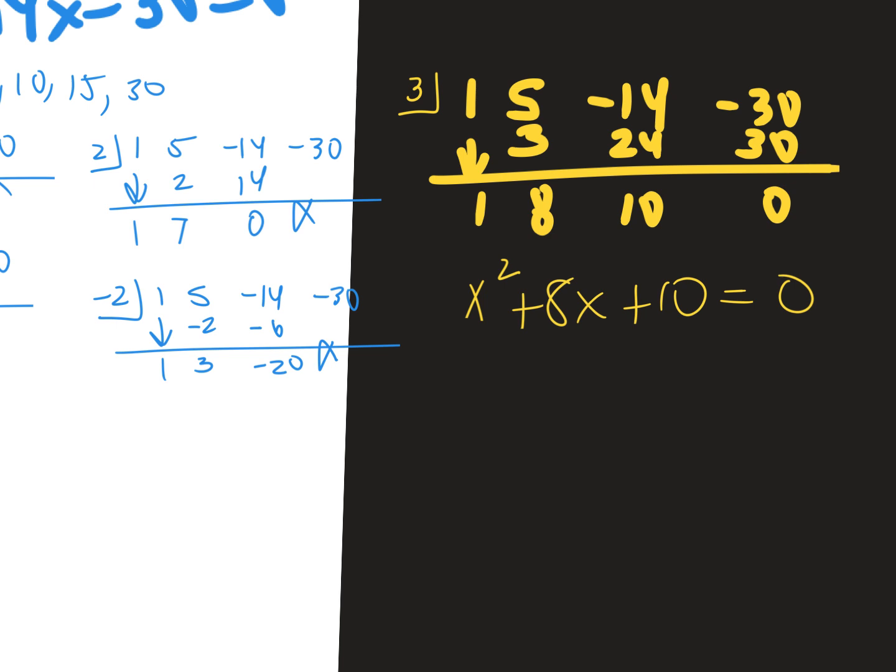What would we do here with the x squared plus 8x plus 10 if it doesn't factor? The quadratic formula. So we have negative 8 plus or minus the square root of 8 squared minus 4 times 1 times 10, all over 2.